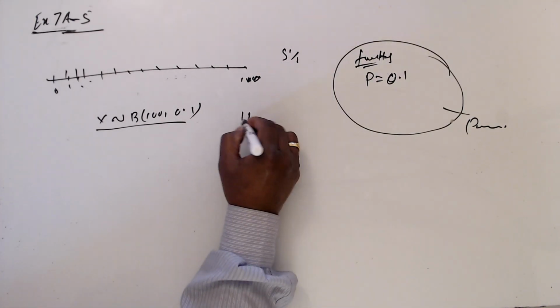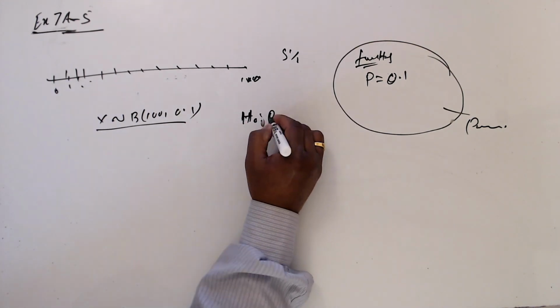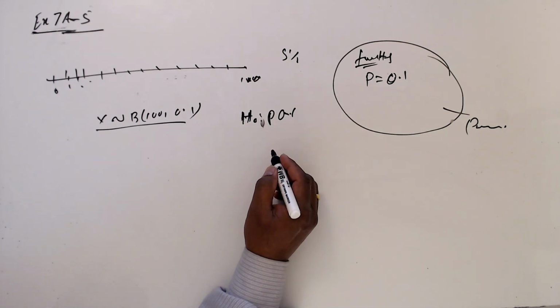First of all, we know H naught is 0.1, and the manufacturer wishes to test at the 5% significance level whether or not there has been a reduction of the proportion of faults.